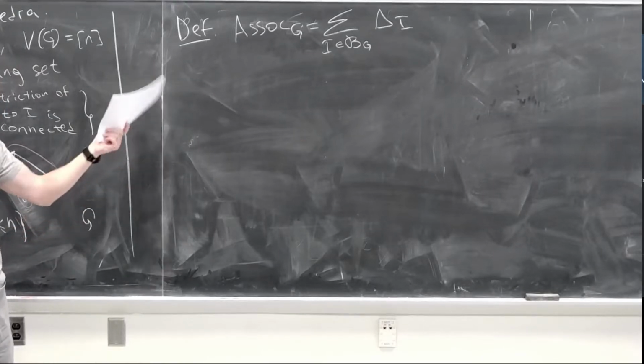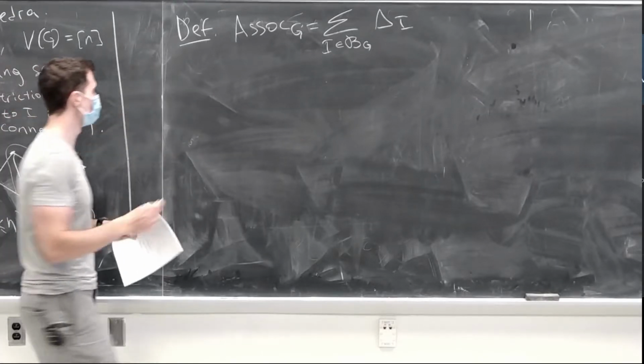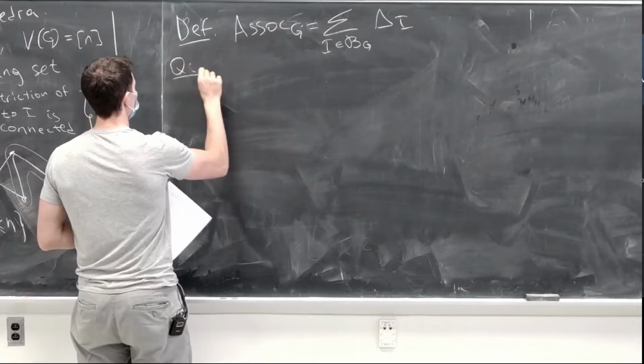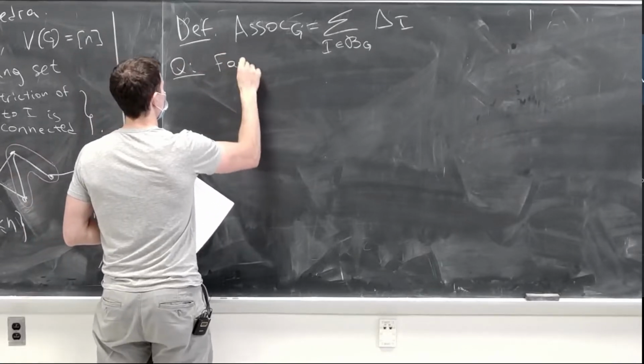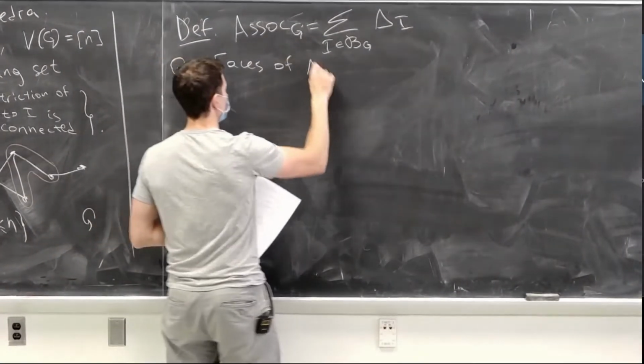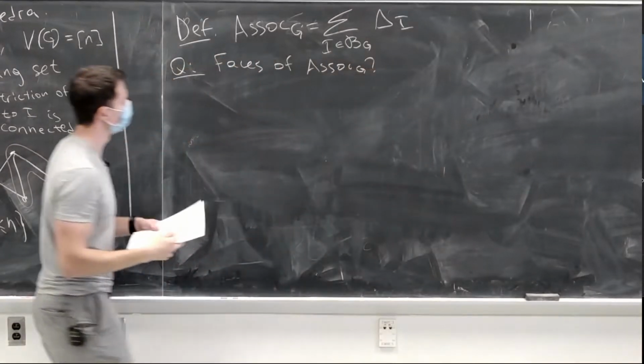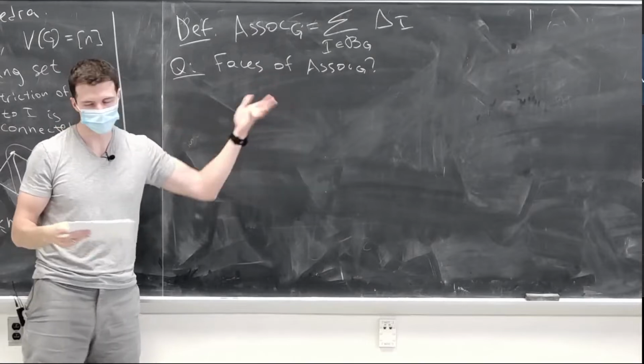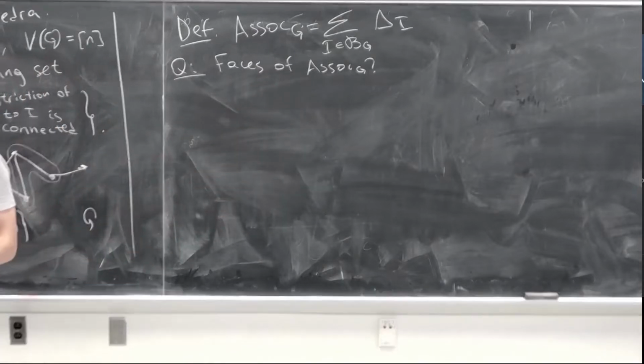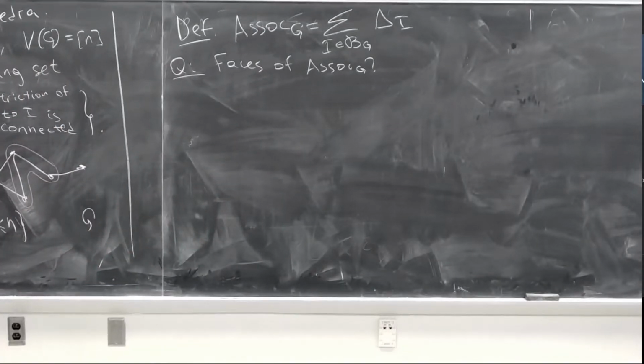So you clearly get some polytope, and the question is, what are the faces of the graph associahedron? Somehow these should correspond to a generalization of triangulations for an arbitrary graph.